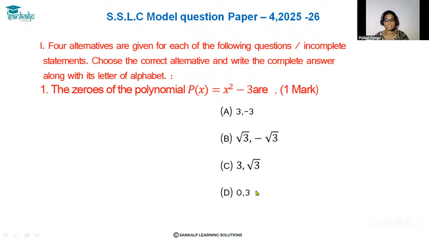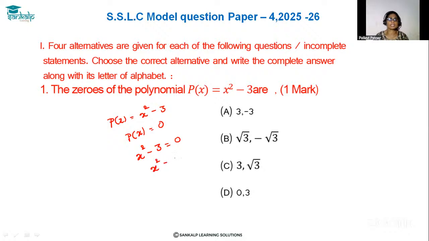So here the polynomial p of x is equal to x square minus 3. Set p of x equal to 0. So x square minus 3 is equal to 0. Okay, so here x square is equal to 3.